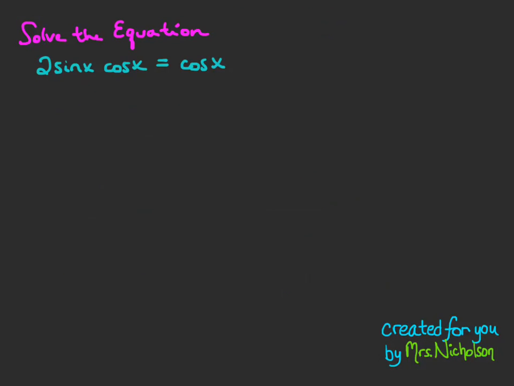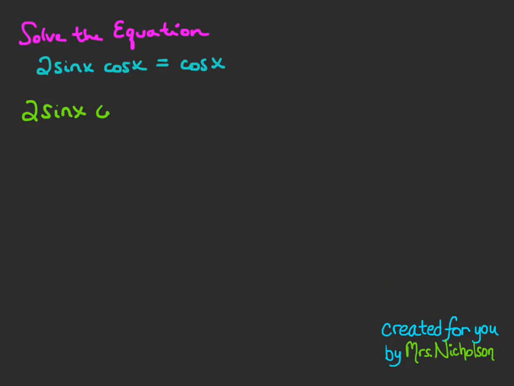Here we have 2 sine x equals cosine x. Now this one is a little bit strange because I have sine and cosine. I have 2 different trig functions here. But we're going to use factoring again to solve this equation. I'm going to subtract cosine x over to the left so that I have one side equal to 0.